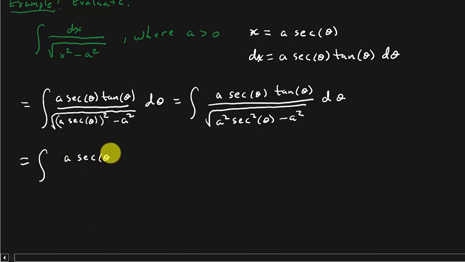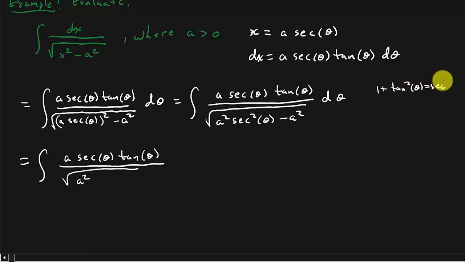So this is the integral a secant theta tangent theta over, now I'm going to factor out a squared, and that leaves me with secant squared minus 1. Remember, 1 plus tangent squared is secant squared.